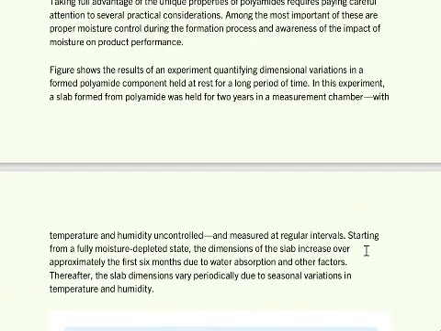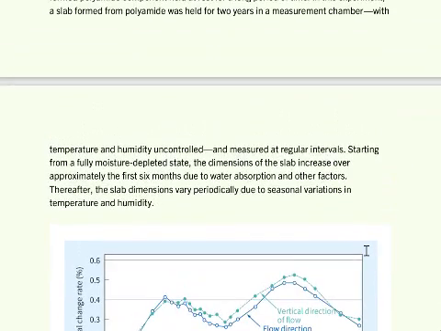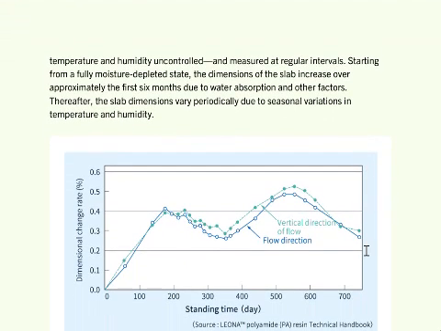The following figure shows the results of an experiment quantifying dimensional variations in a formed polyamide component held at rest for a long period of time. In this experiment, a slab formed from the polyamide was held for 2 years in a measurement chamber with temperature and humidity uncontrolled and measured at regular intervals.